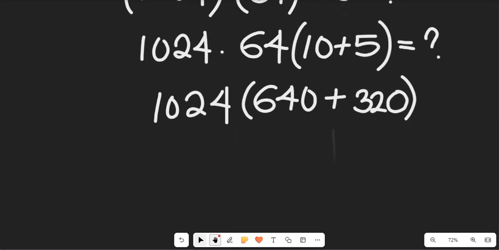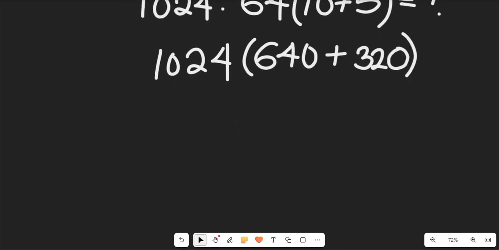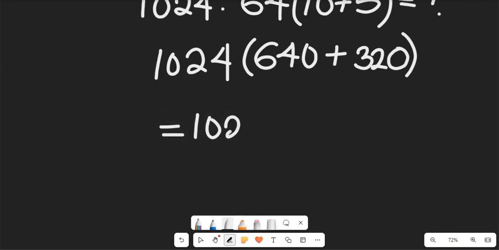So if I expand that expression, I'm going to have that expression to now give me 1024 multiplying this plus this will give me 960, right? So I have to multiply these two expressions.